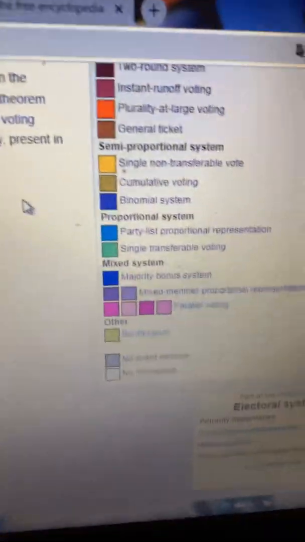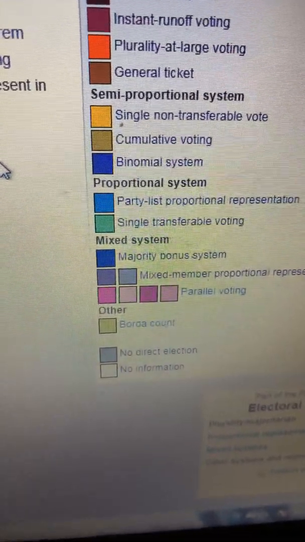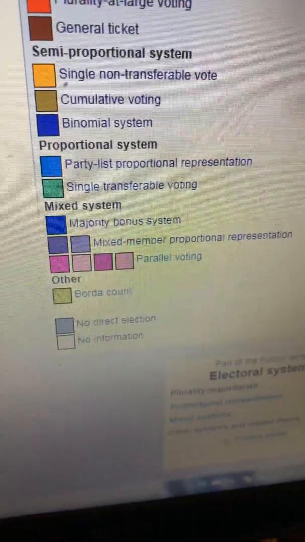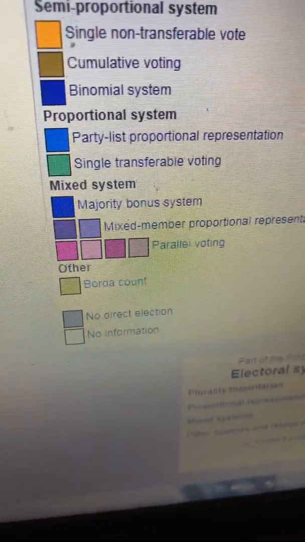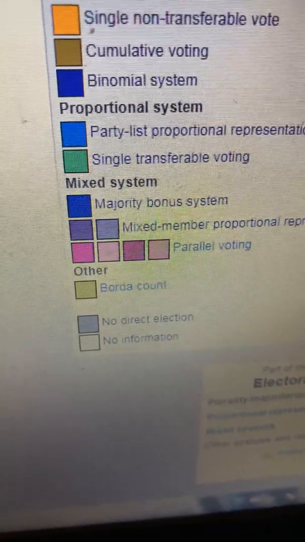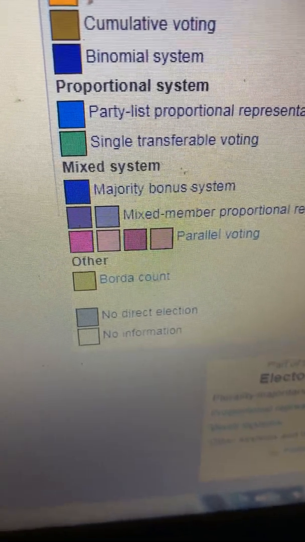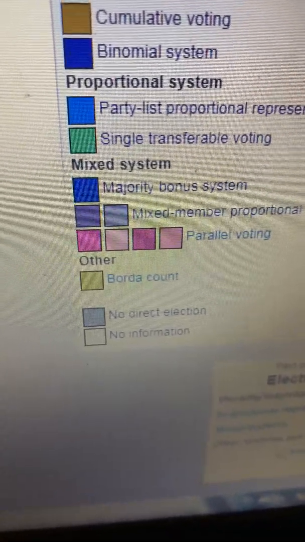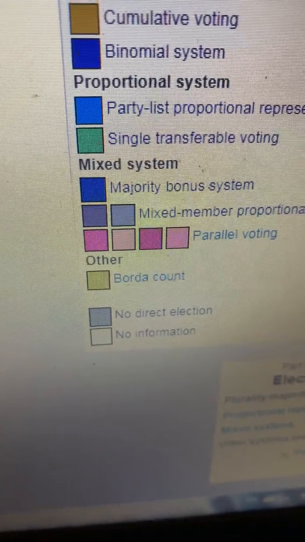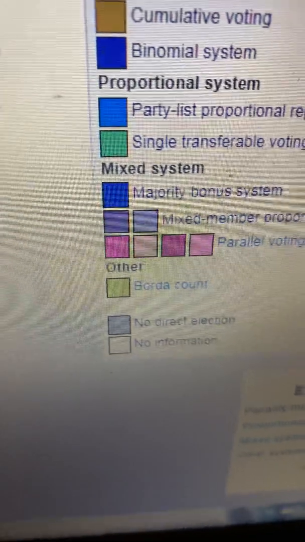This method is like, for example, you have 100 total seats, in which 60 seats are elected by constituencies, and the other 40 seats are elected by proportional representation.